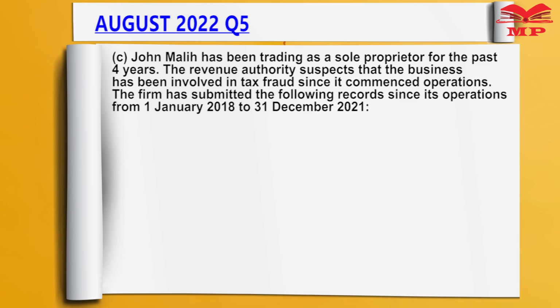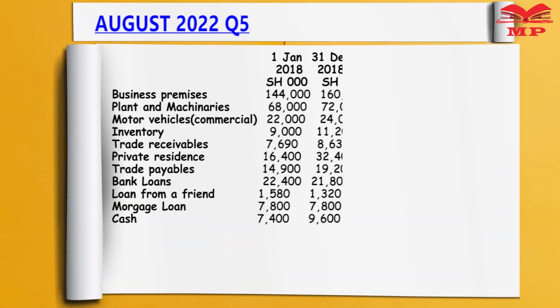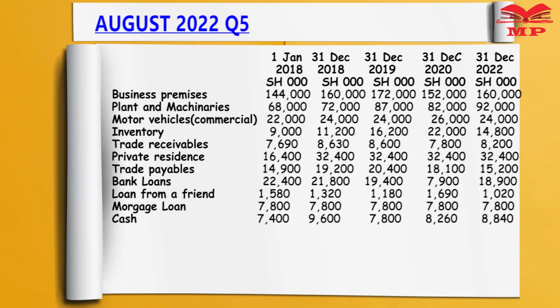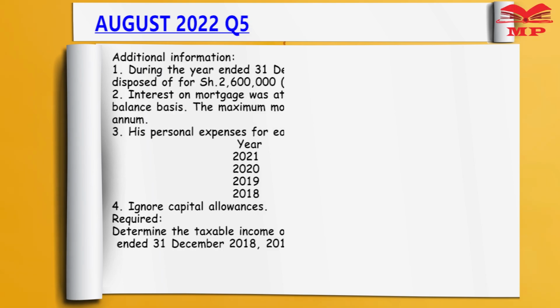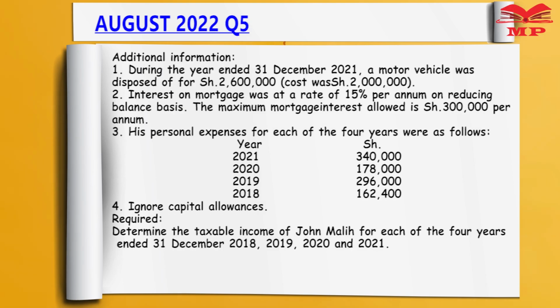The firm has submitted the following records since its operations from 1st January 2018 to 31st December 2021. So we have a list of assets, liabilities, and additional information 1 to 4. Required: determine the taxable income of John Malley for each of the 4 years ended 31st December 2018, 2019, 2020, and 2021 for 12 marks.